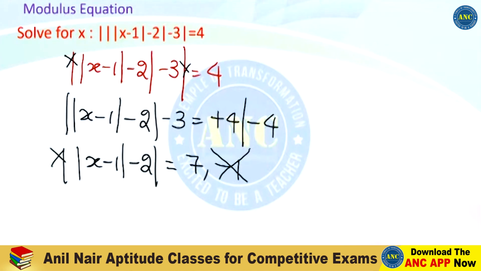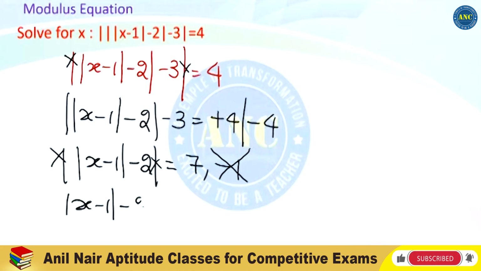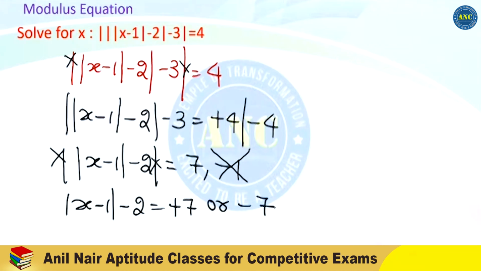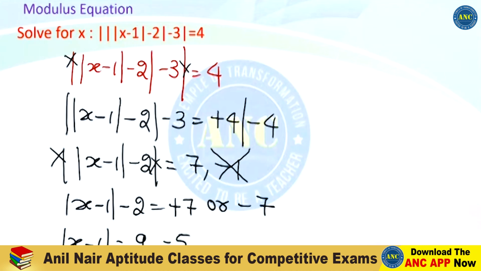Again if I remove this modulus, mod of x minus 1 minus 2 will give you plus 7 or minus 7. So mod x minus 1 can take either 9 or minus 7 plus 2, it is minus 5. Again modulus cannot take a negative value.